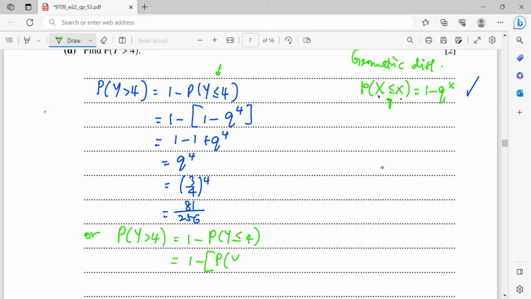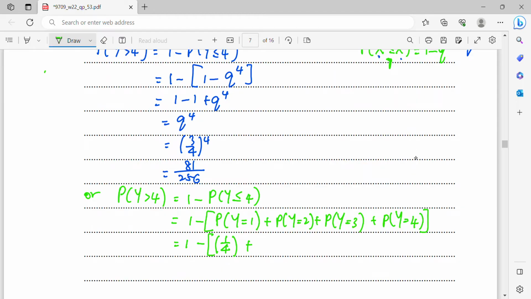So you must have spun 1 time to get the first success, or the second time, or the third time, or the fourth time to get the first success. So P(Y=1) means that first time you already got the success, so it is 1 over 4. Or P(Y=2) means that only the second time you got the success, so the first time is a failure.